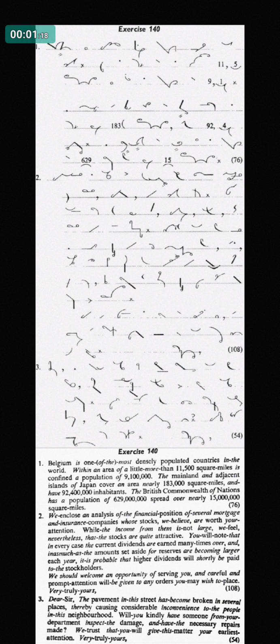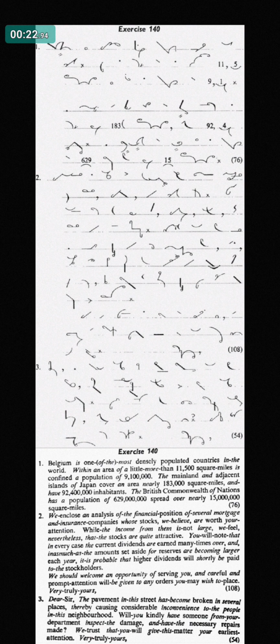Belgium is one of the most densely populated countries in the world. Within an area of a little more than 11,500 square miles is confined a population of 9,100,000.